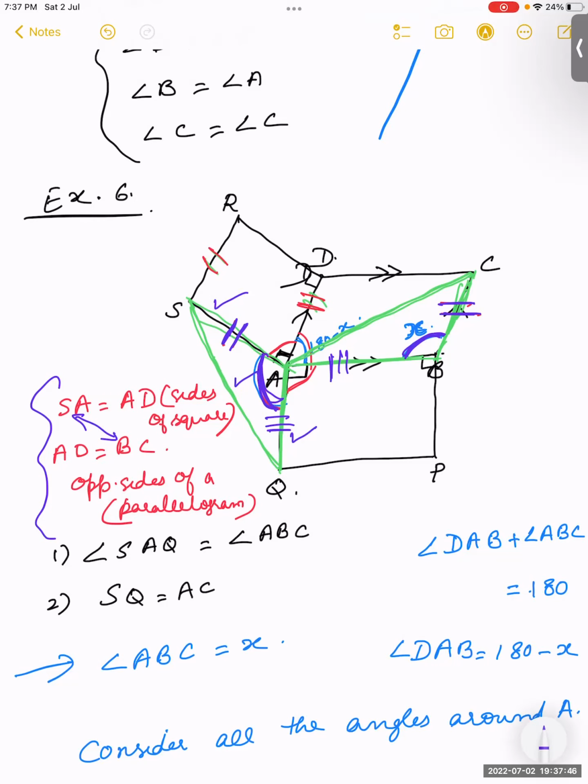Done, ma'am. You're done? Okay. Can you draw the next figure also? I mean, in example 7. Yes, ma'am.